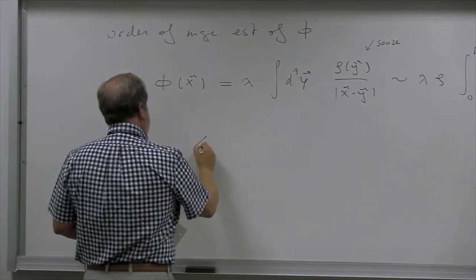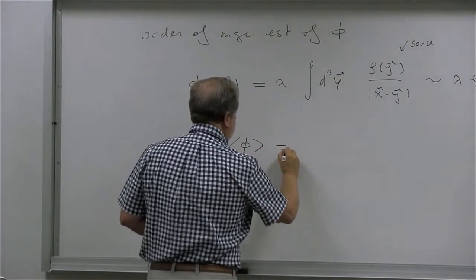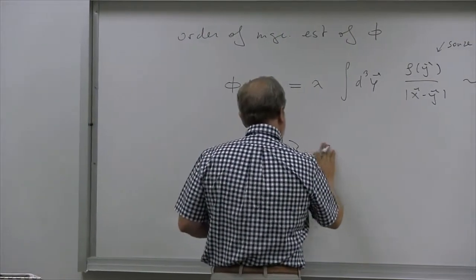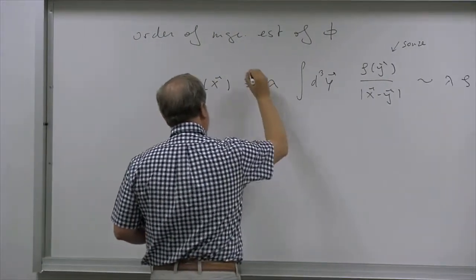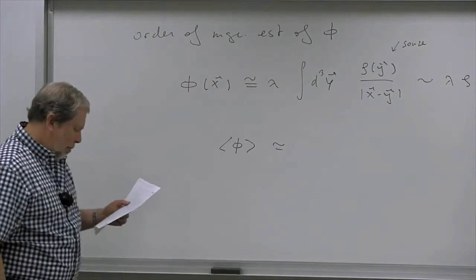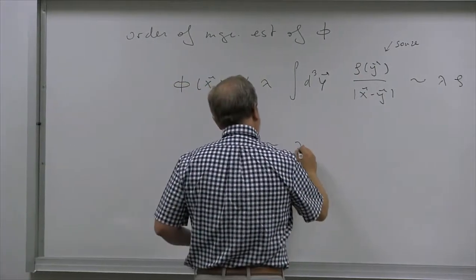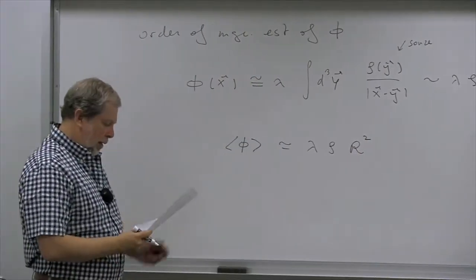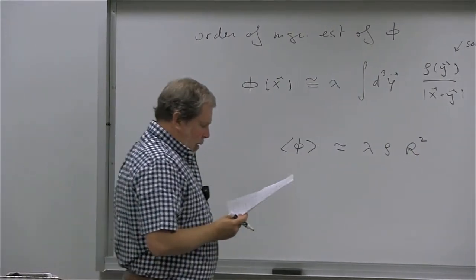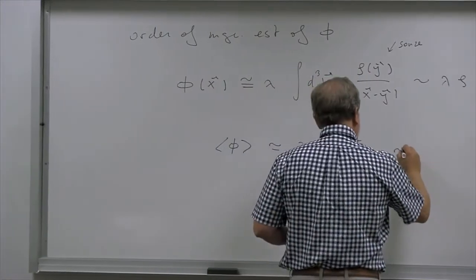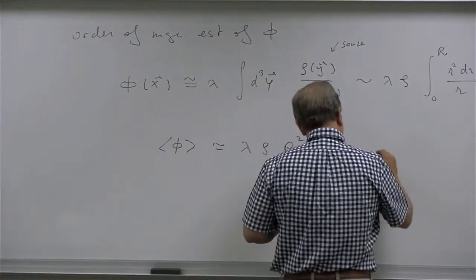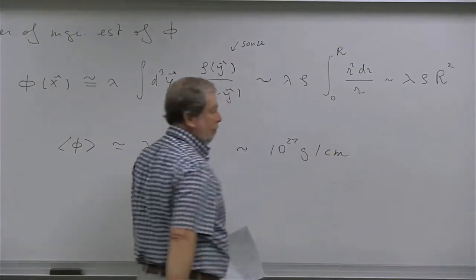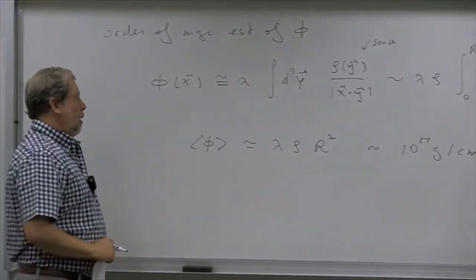So that tells us that the magnitude of the field is approximately equal to lambda times rho times R squared. And so this is of the order of 10 to the 27 grams per centimeter. Why is that?